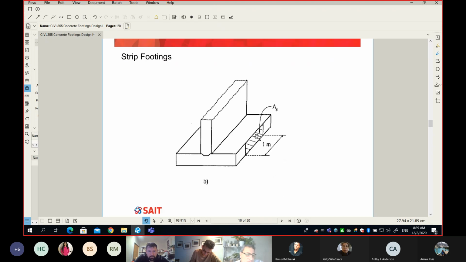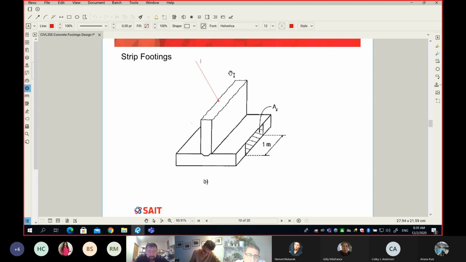But here is our strip footing. Remember, for a strip footing, we have a wall. So this is a linear wall or linear element, and we simply extended the strip footing under the wall. The way we design it is as a one-way slab.